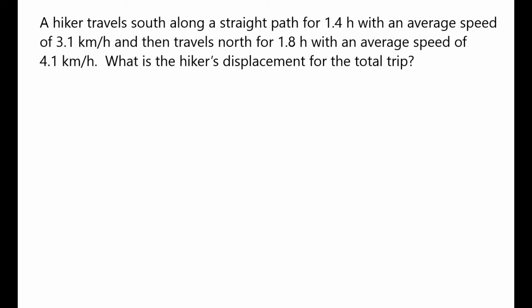Alright, so we're going to have part 1, when they are traveling south, and part 2, when they are traveling north. So, do we want to make north or south positive? North positive? Alright.